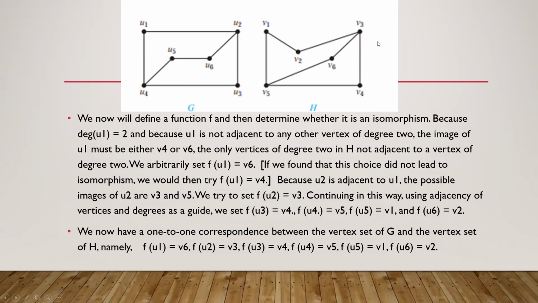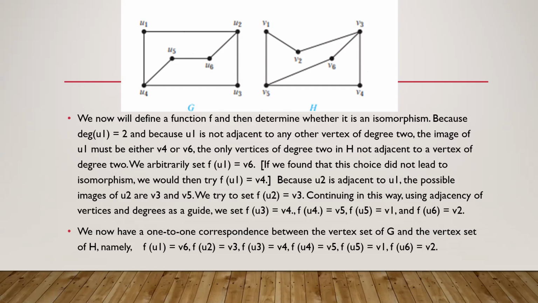Then, continuing in this way, using adjacency of vertices and degree as a guide, we set f(u3) = v4, f(u4) = v5, and f(u6) = v2.